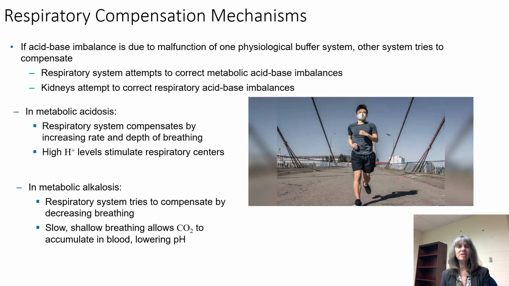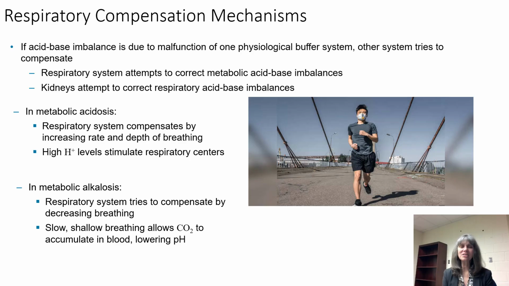In terms of respiratory compensation mechanisms, if acid-base imbalance is due to malfunction of one physiological buffer system, then the other system tries to compensate. For instance, the respiratory system will attempt to correct metabolic acid-base imbalances, and the kidneys will attempt to correct respiratory acid-base imbalances.